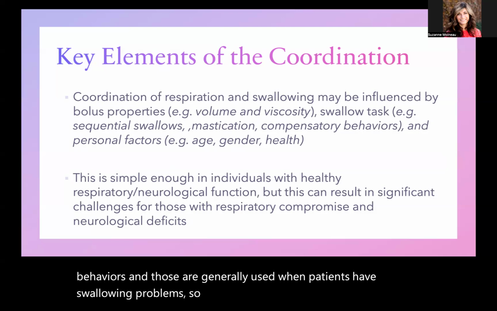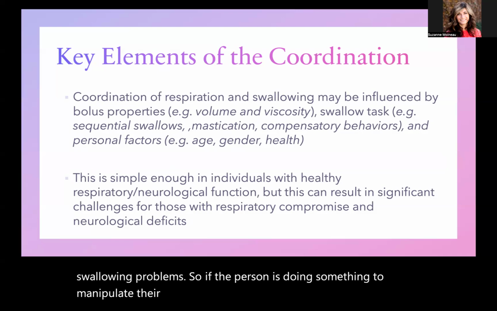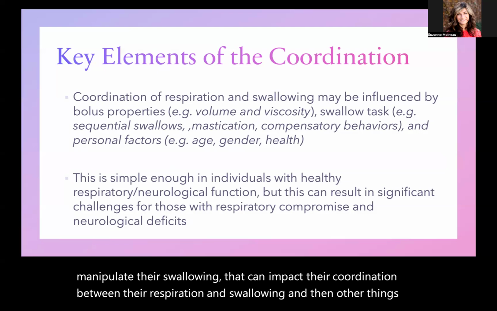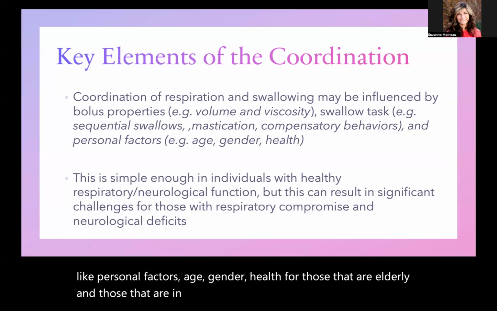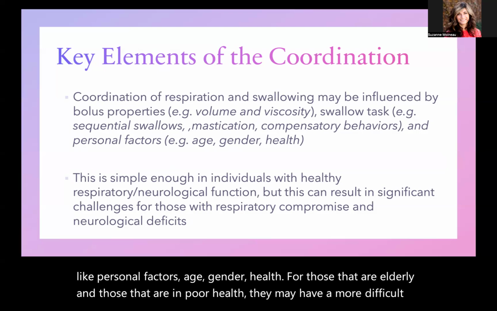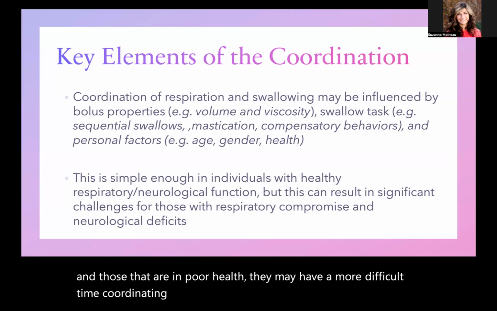So if the person is doing something to manipulate their swallowing, that can impact their coordination between their respiration and swallowing. And then other things like personal factors, age, gender, health. For those that are elderly and those that are in poor health, they may have a more difficult time coordinating respiration and swallowing.